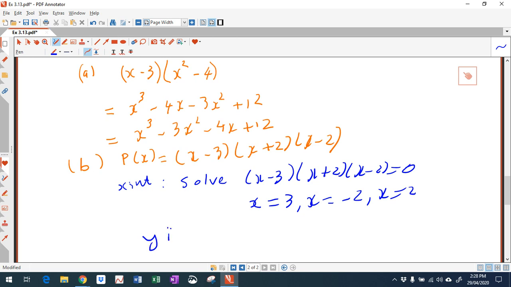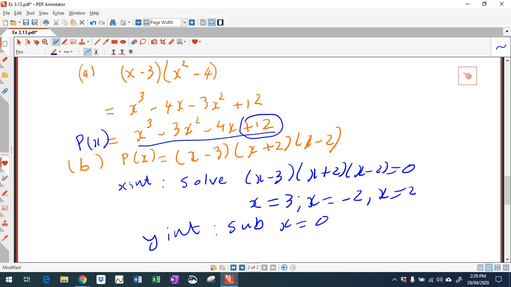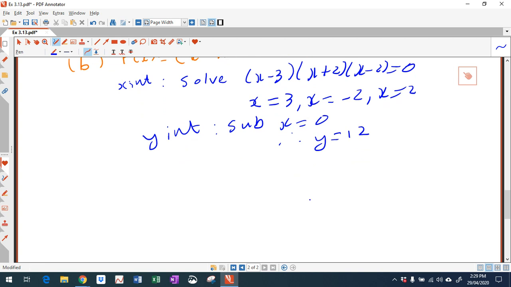For the y-intercept, you're going to sub in x equals 0. And when you sub x equals 0 into this polynomial, because after all that is p of x as well, isn't it? You're just going to get 12. So therefore y is 12, so that's your y-intercept. Then we're going to look at sketching that.